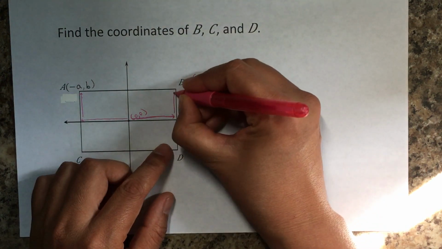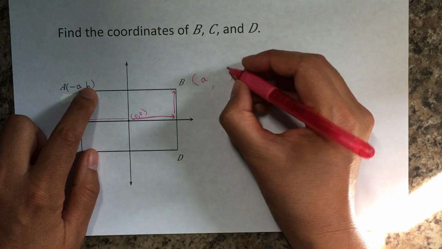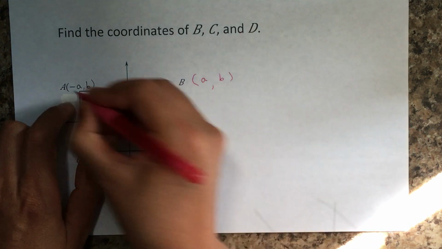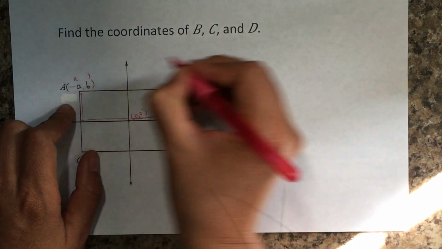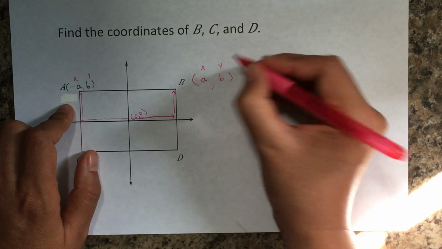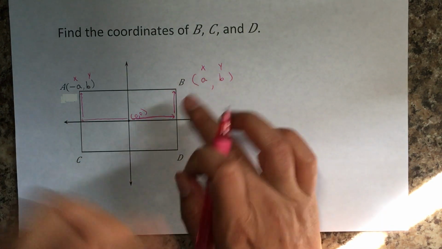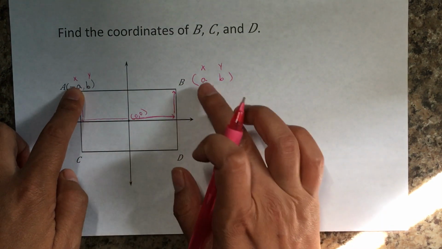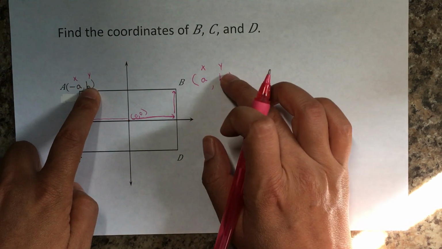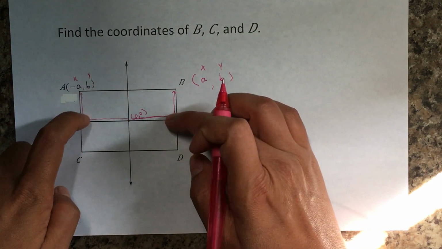And then it goes up, so that's my Y, which is B. Okay, so this is X, this is Y, so X and Y. So basically, same distance traveled for X, but this is negative, this is positive. Same distance traveled for Y, both positive because both go up.